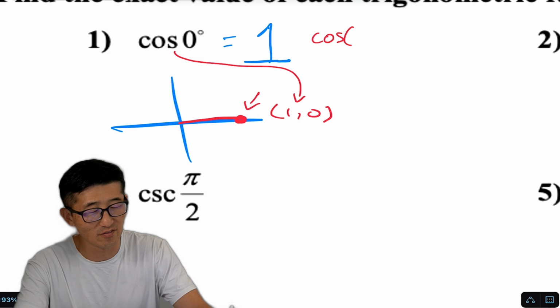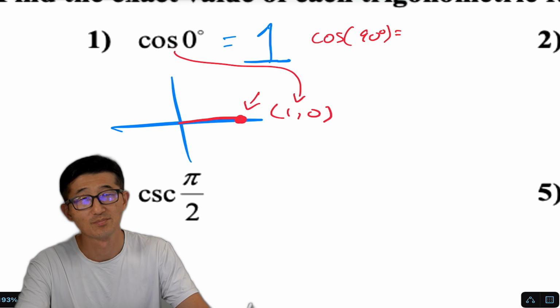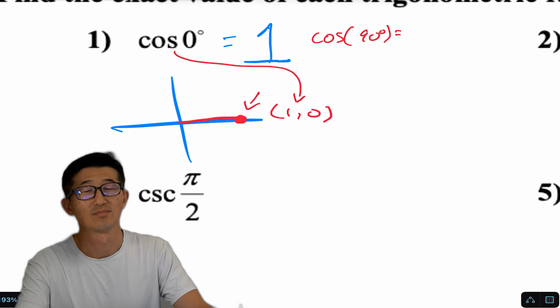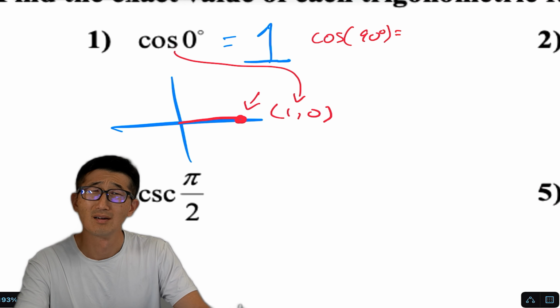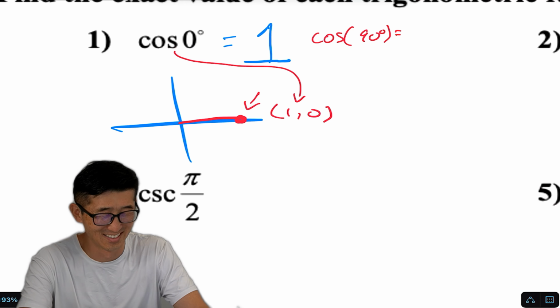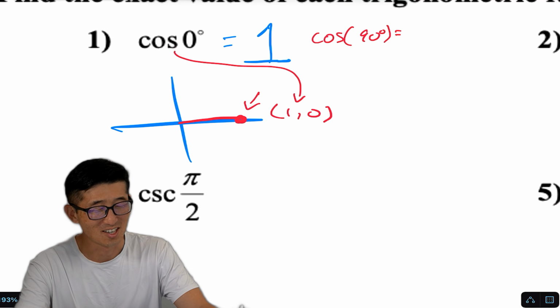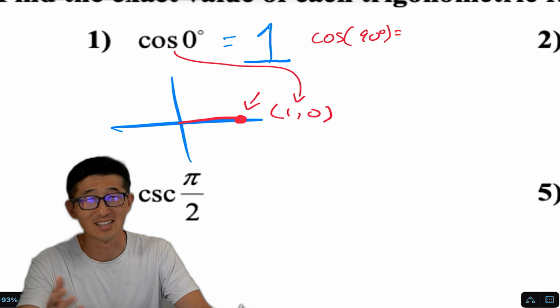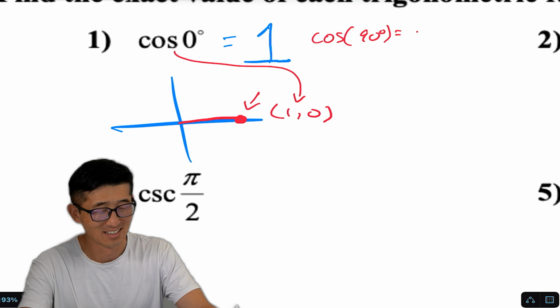So what's cosine of 90 degrees then? 0. Wait, no, I was thinking 180 degrees. Cosine of 90 is 0.